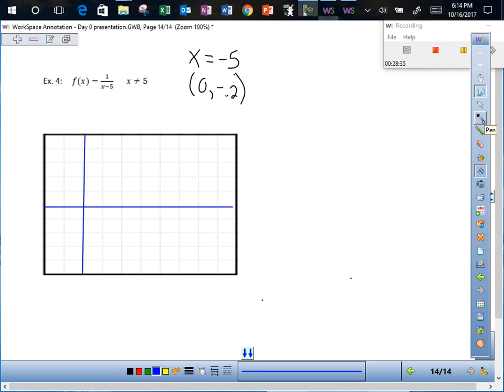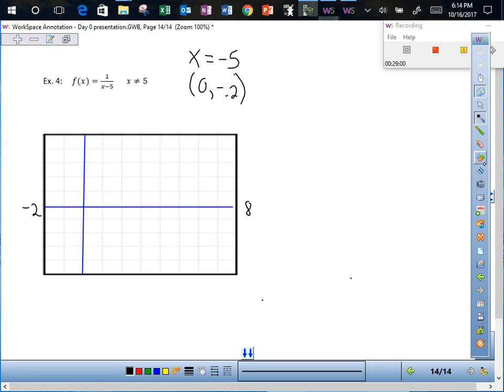Now, let's decide what you'd like to count by. I do know I have a vertical asymptote at 5. So if I count by 1s, 1, 2, 3, 4, 5, I've got a vertical asymptote right there. That wouldn't look bad. So I may count by 1. So there's 5, 6, 7, 8, and -2.